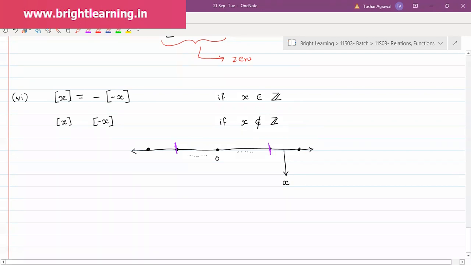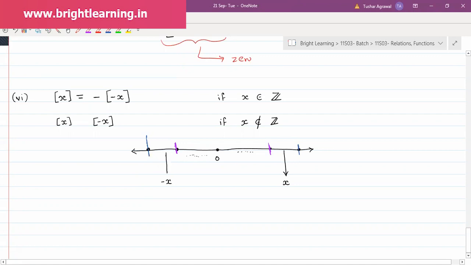These 2 purple markings are equidistant from 0. The 2 blue markings are equidistant from 0. And x is whatever to the right of this, minus x will be that much to the left. For that matter, you may also take x to the left and minus x to the right if x is negative. It doesn't matter. Right now we are not concerned with the signs.